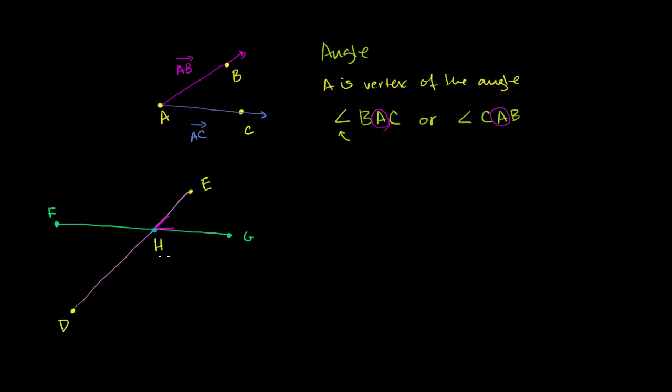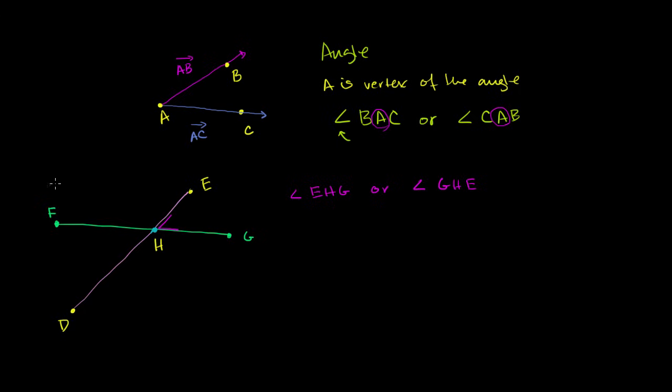So if you really did want to talk about that angle right over there, you would call that angle EHG. So that is angle EHG. Or you could call that angle GHE.